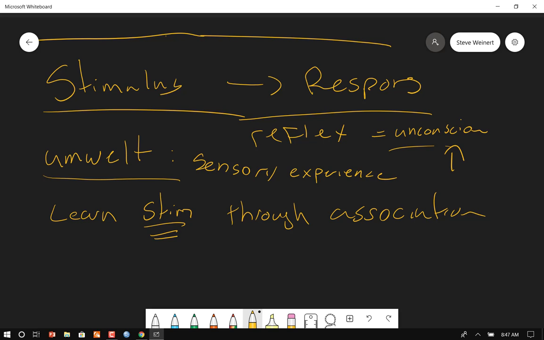It turns out that when you have two stimuli that are presented simultaneously, they form a synapse in your cerebellum. As soon as they form synapses in your cerebellum, when one stimulus is present, the next one starts to fire. Unconscious, completely out of your control.